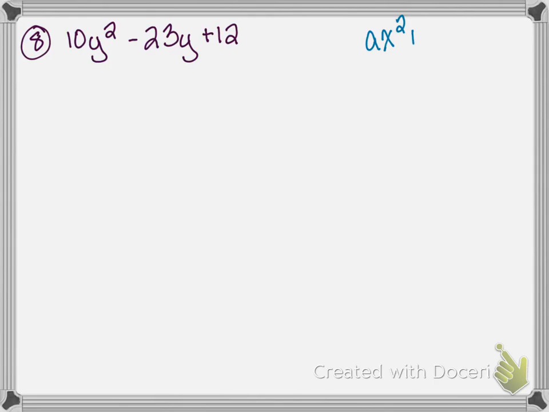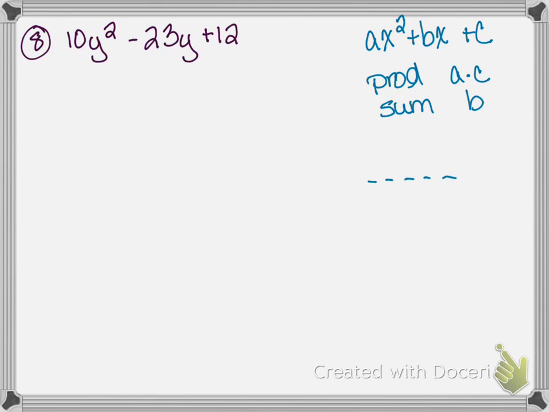This is ax squared plus bx plus c. I have something in front of my squared term. Okay? So in order to get my product, I have to multiply my a and my c together. My sum is still b.